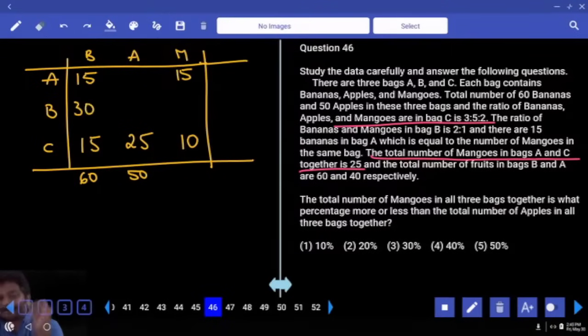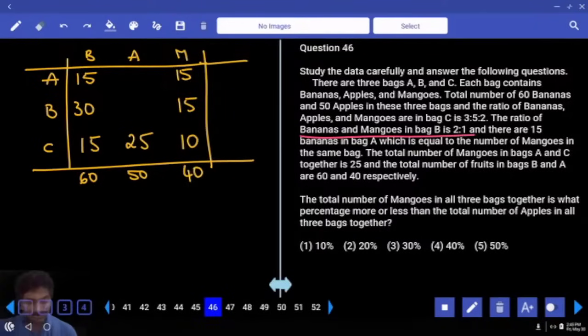Total is 60, right. Now ratio of banana to mango in bag B is 2 to 1. 2 parts is 30, 1 part 15. Total how many mangoes are there? 40. Next.